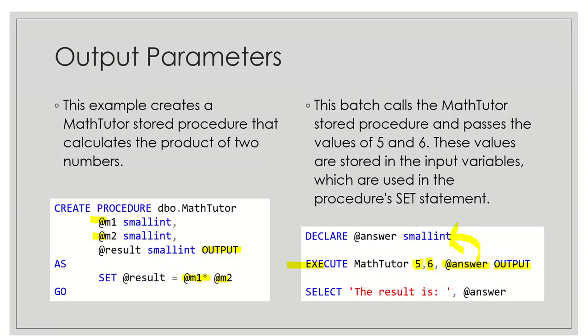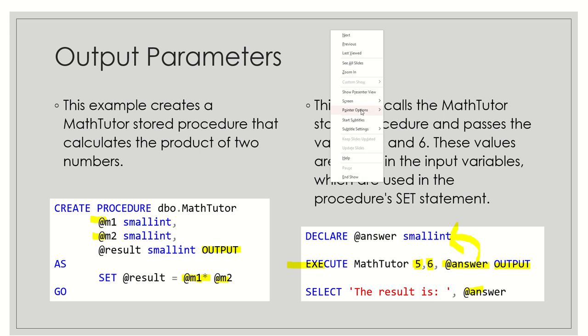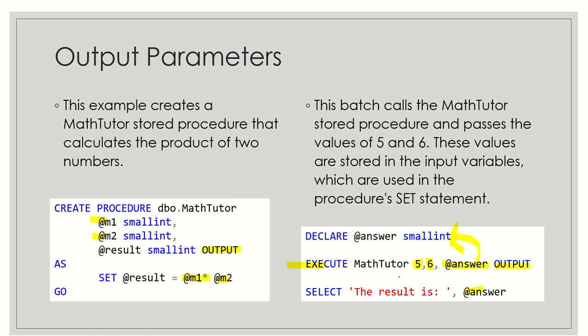We say that it's an output parameter, but calling the procedure is what assigns the value to this variable. So after the procedure is called, we'll be able to see that the answer got assigned. So it's just like calling a function.